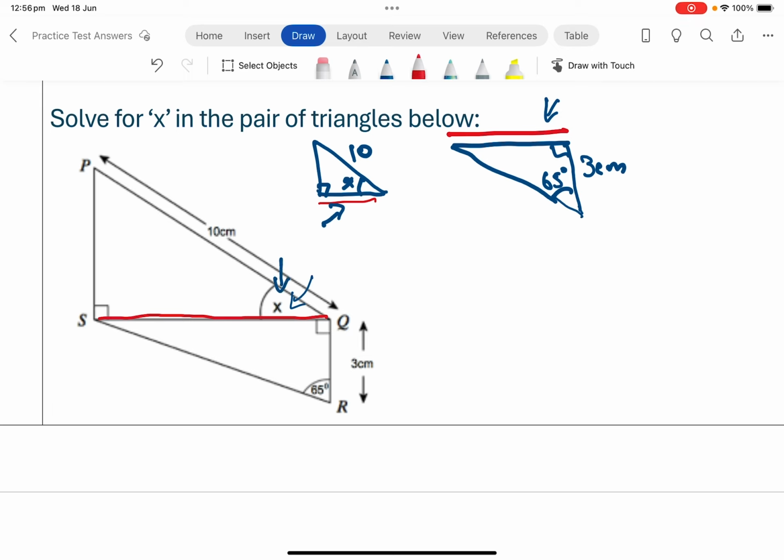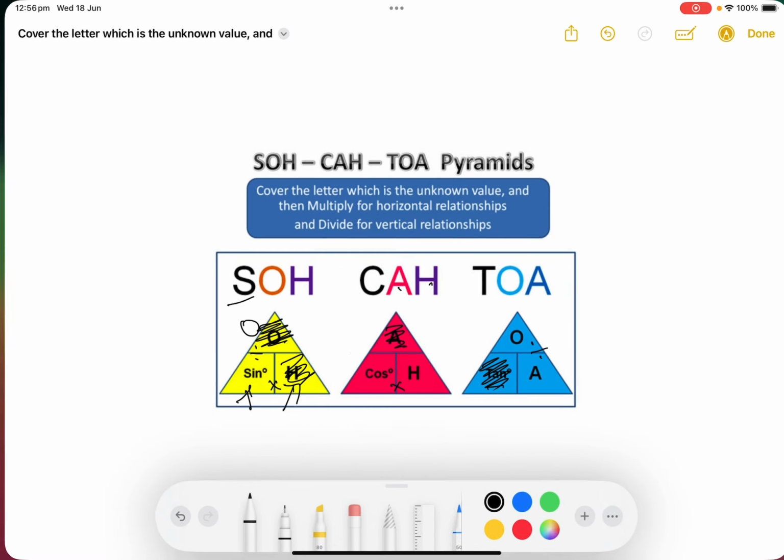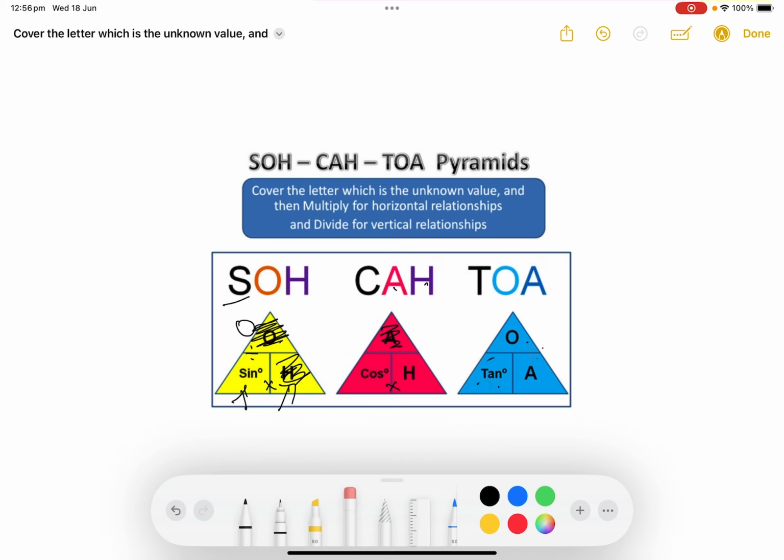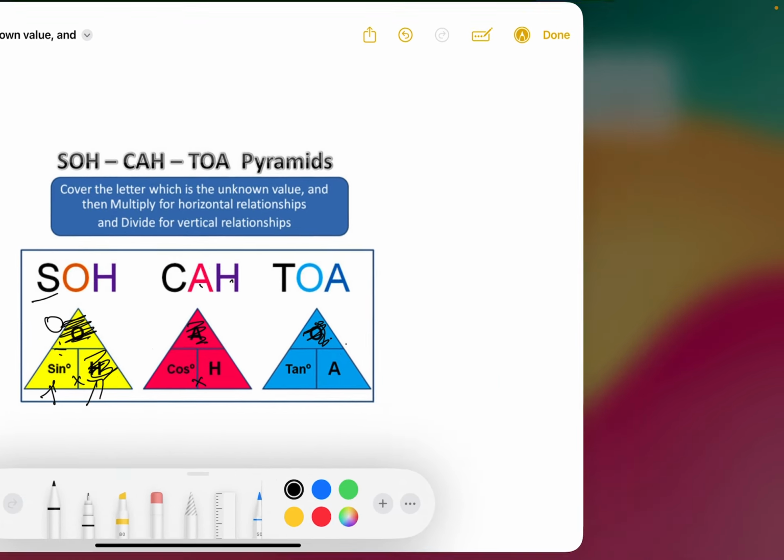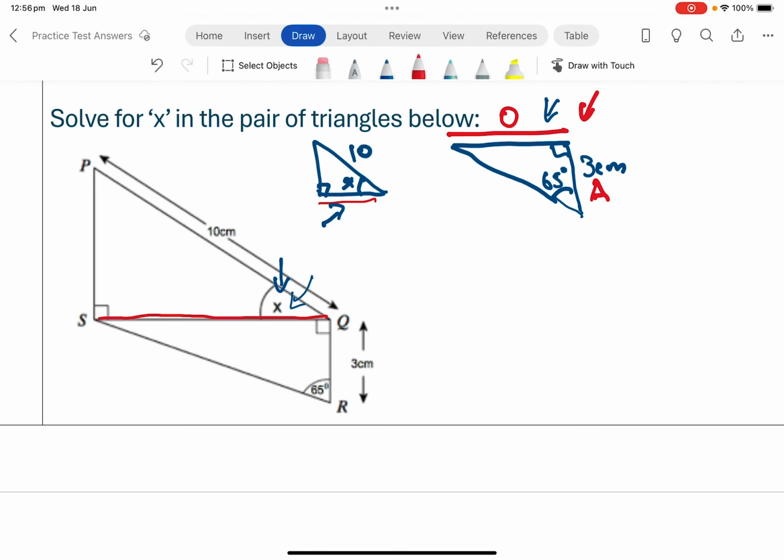So coming back to this triangle here, I need to label it. I'm trying to find this side over here, which is opposite, and I have been given the adjacent side. This is going to be tan from the TOA section. Because I'm trying to find the opposite side, I would cover the opposite side, and I would end up with tan of theta times a, and that's what the opposite side is equal to.